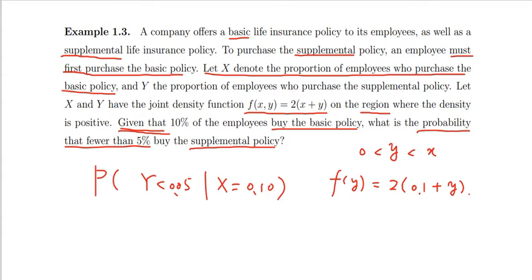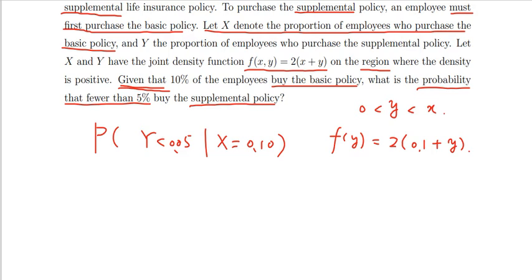Because those people who buy supplemental, this percentage should be less than the percentage for those who buy basic, because only those people who buy the basic one can buy supplemental. So we have this condition.